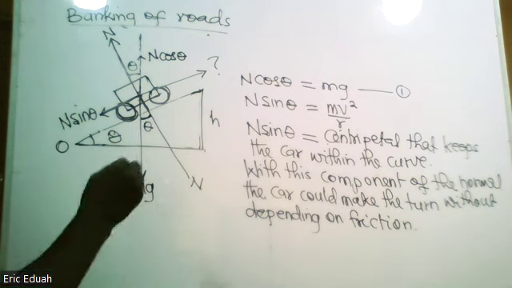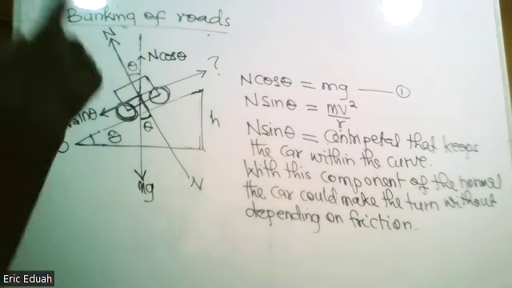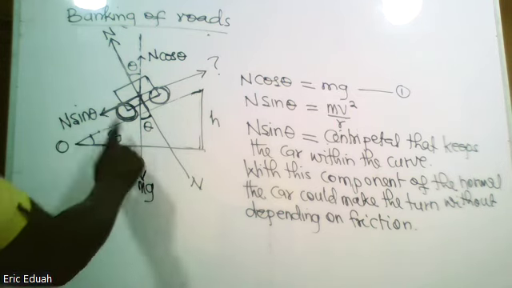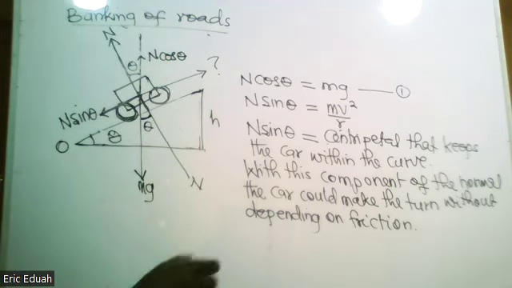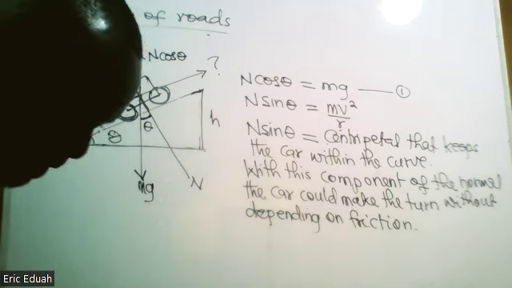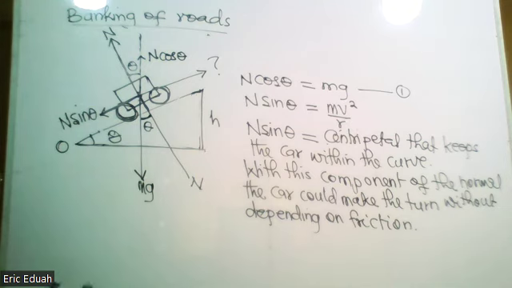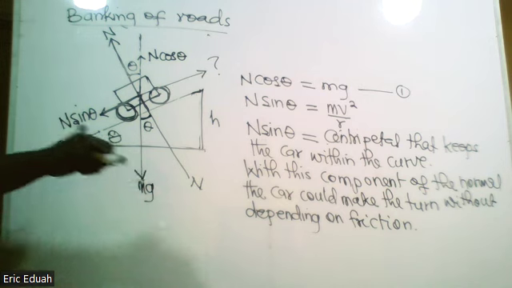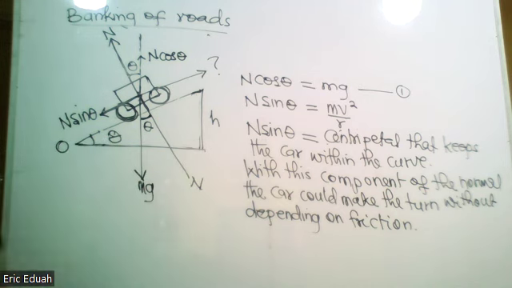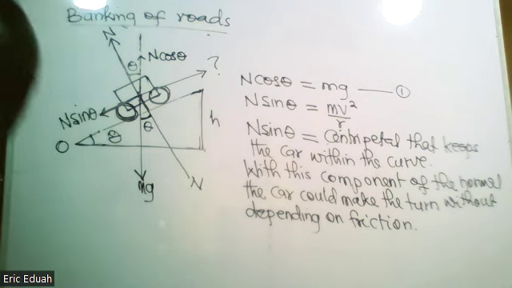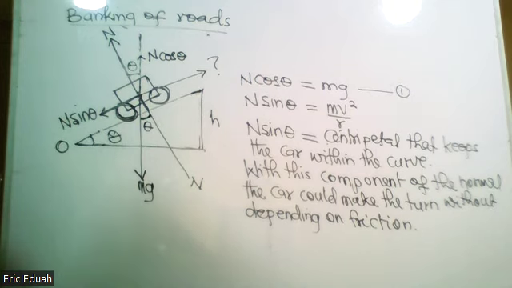If you are embarking on that speed where the road is not banked, the driver can skid off the road and be involved in an accident. But where the road is banked, motorists could turn and move at a certain speed without necessarily depending on friction. So especially on an icy road where friction is almost non-existent. Please, is that okay?